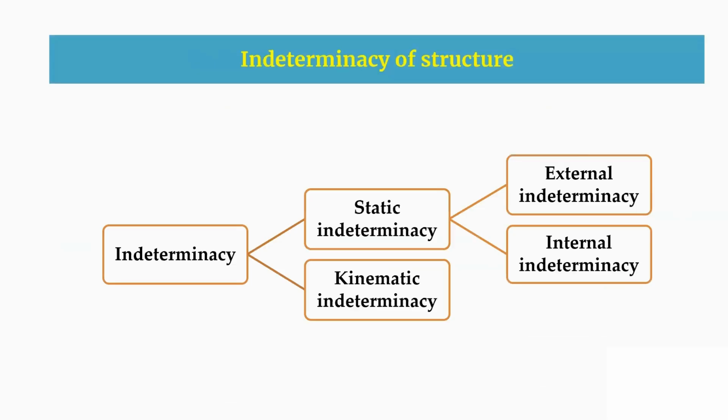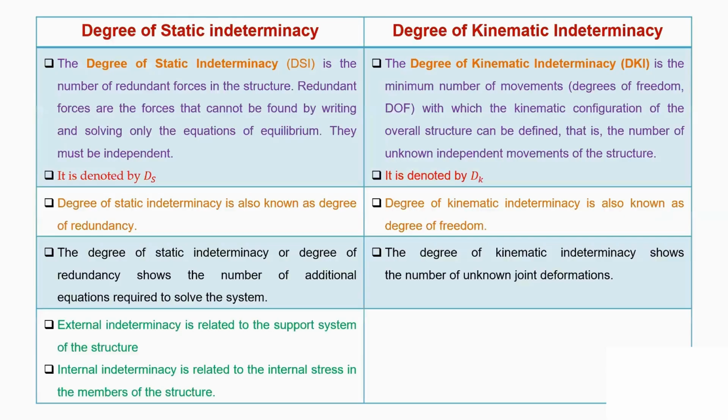Now coming to the indeterminacy of structures. Indeterminacy can be divided into two types: static indeterminacy and kinematic indeterminacy. In static, again you have two types, external indeterminacy and internal indeterminacy. Now in detail, we will see what we mean by the degree of static indeterminacy and the degree of kinematic indeterminacy.